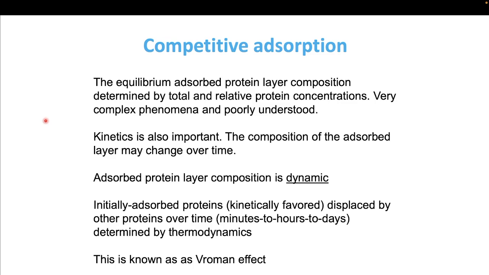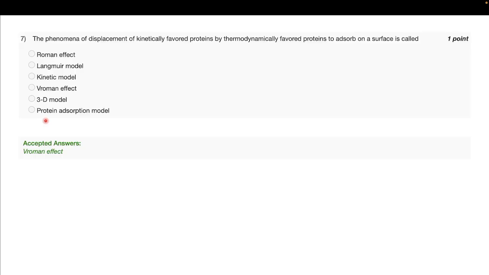So this was thermodynamically driven. Whenever a biomaterial surface gets exposed, first there will be a layer of kinetically favored proteins which would then be replaced by other proteins which are thermodynamically favored. So this entire phenomenon is known as the Vroman effect.